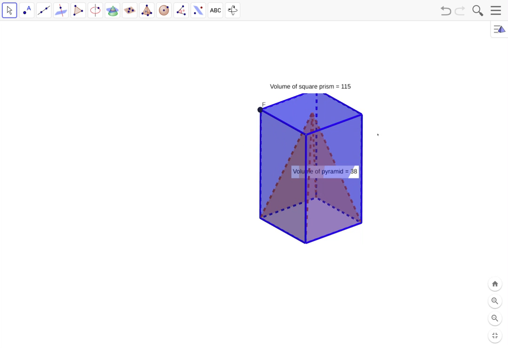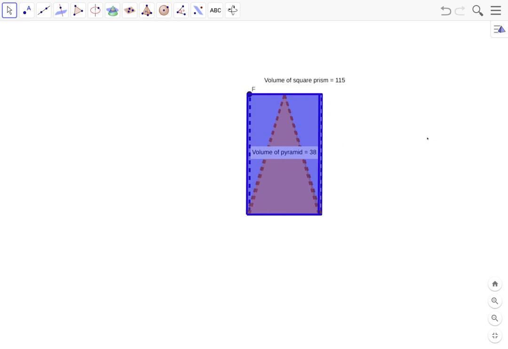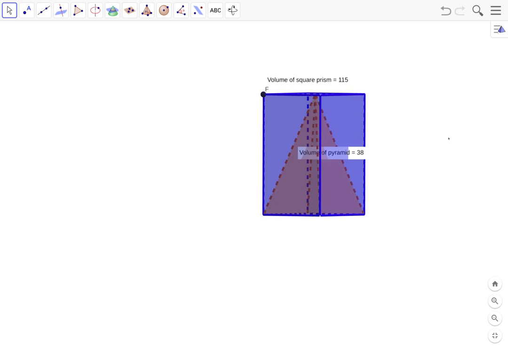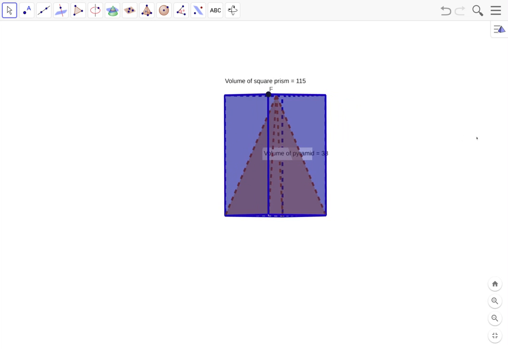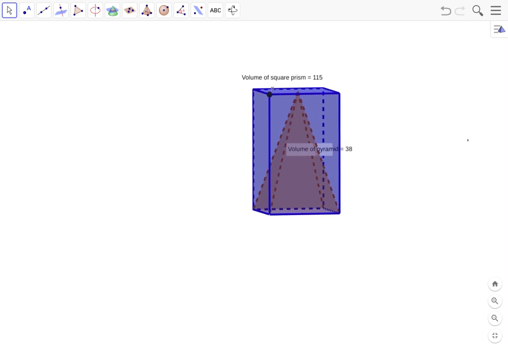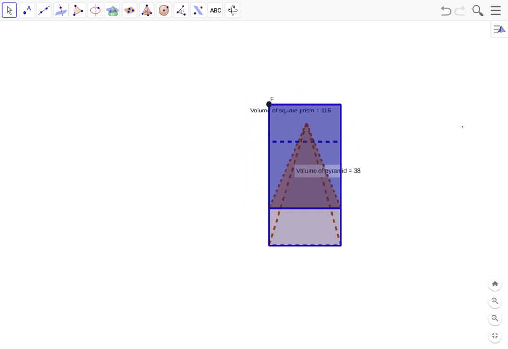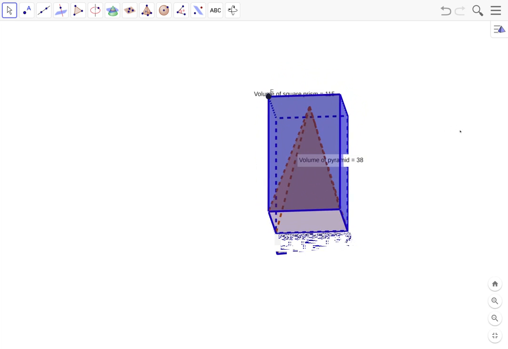It's 1/3 of the space. So let's look at this. I just want to convince you that this pyramid inside of this rectangular prism has the same height and the same base.